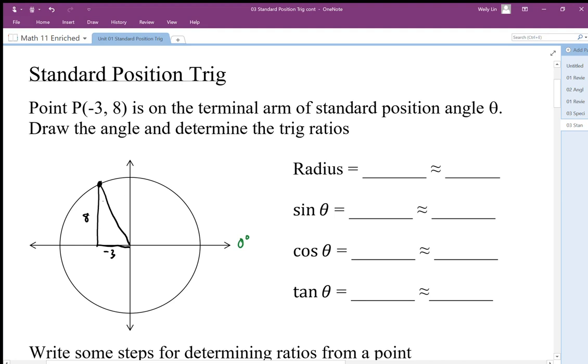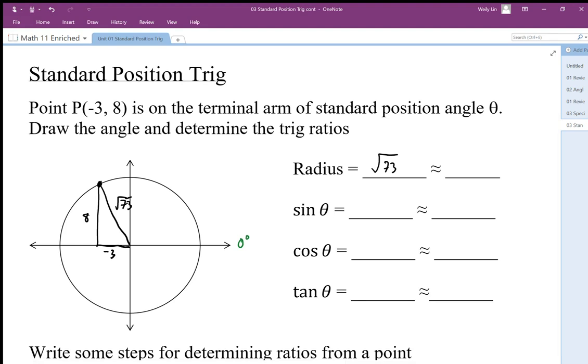So the first thing we should figure out here is the radius. So 64 plus 9 is 73. So I get square root 73, and I leave it as square root 73. Now, we can work out the approximate value, but those approximate values are ones that we're not going to use.